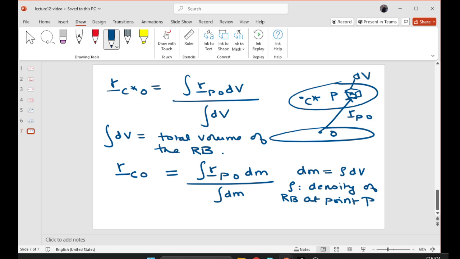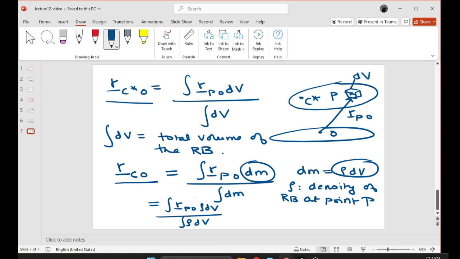If I replace dm here with rho dV, I get this quantity. So in general, RC star O and RCO are different quantities.